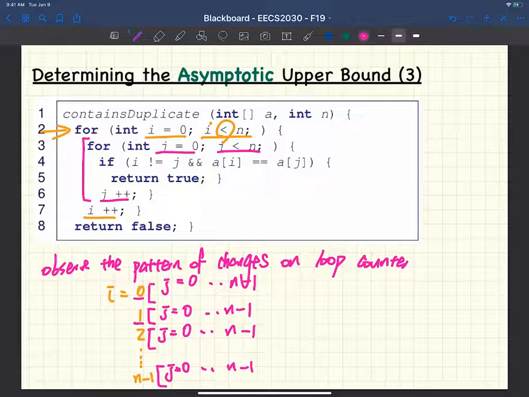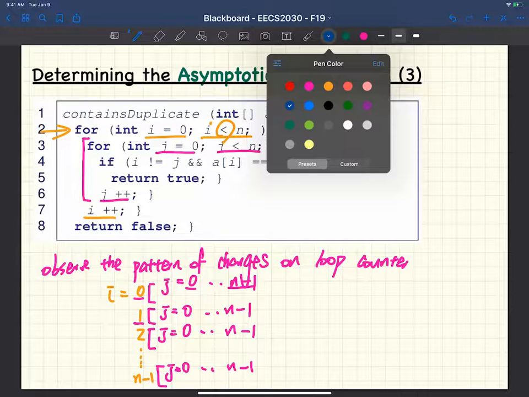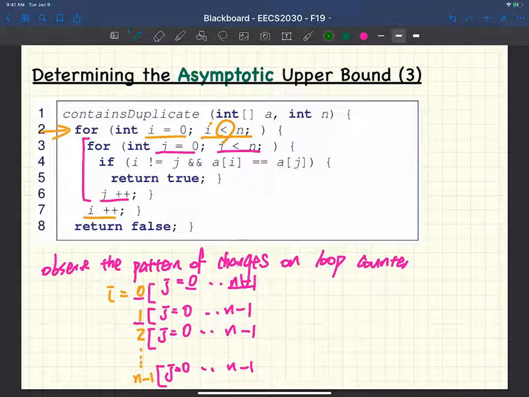So that means for every value of j, we now have to worry about what's going to be the running time for that. Okay? So now we have to look at over here. Let me use another color here. So the body for the nested loop, the inner loop, is over here, the green one. What's the running time for that? Just the green one, basically line number 4 and line number 5.